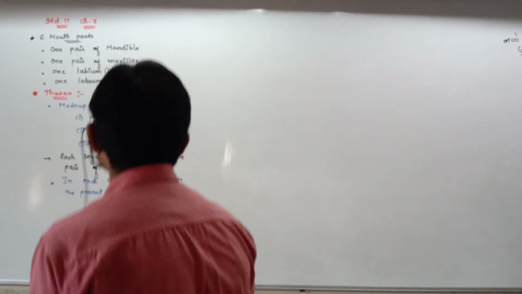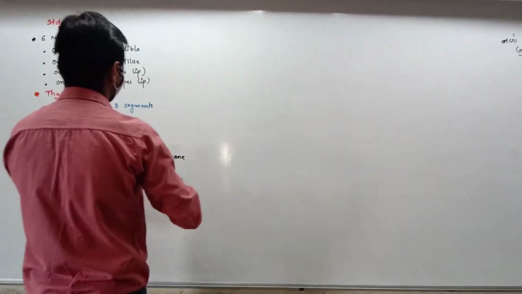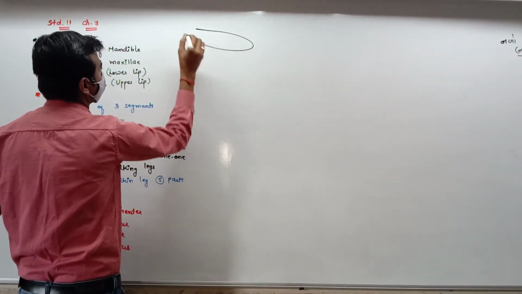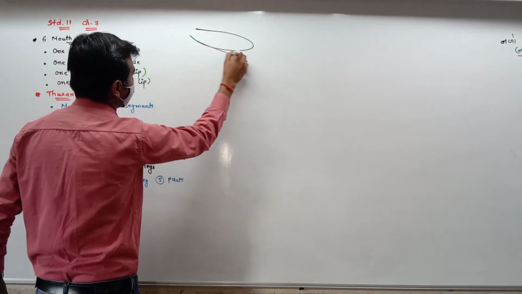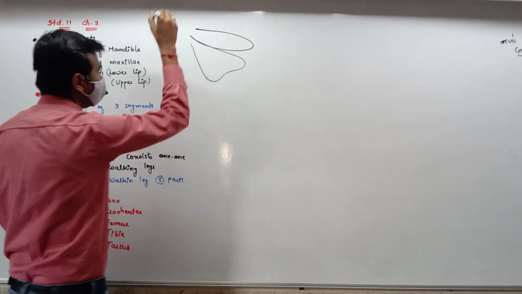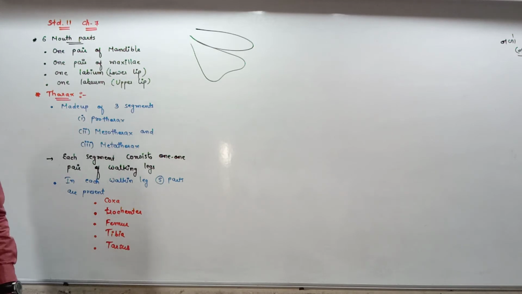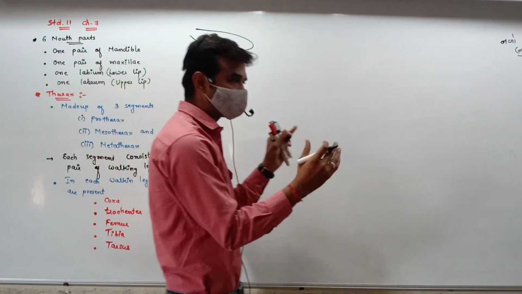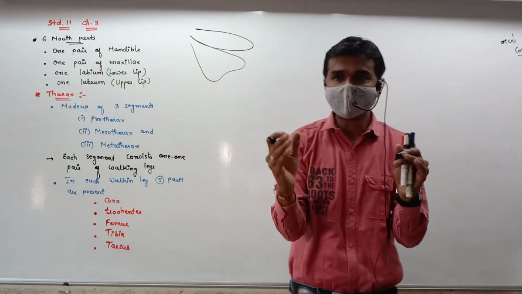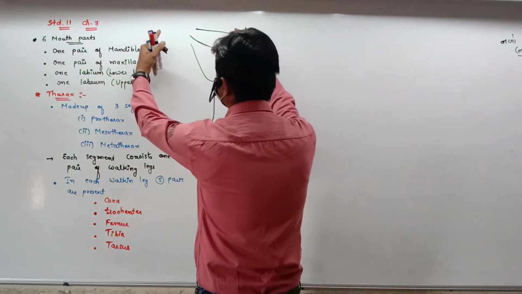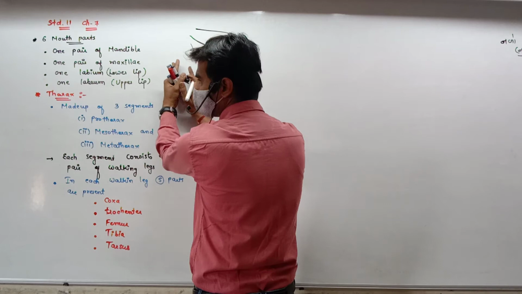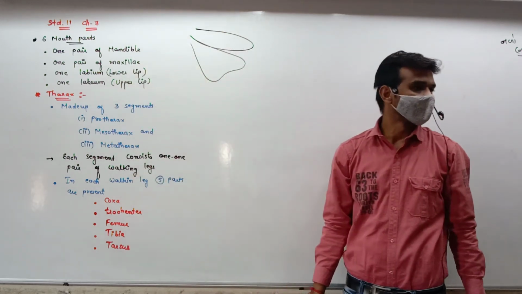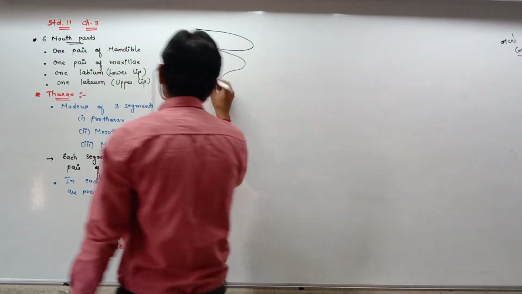So generally forewings look like this, but hind wings look like this. So first of all, at rest, what happens? The hind wings come close to each other, and over that the forewings cover them.